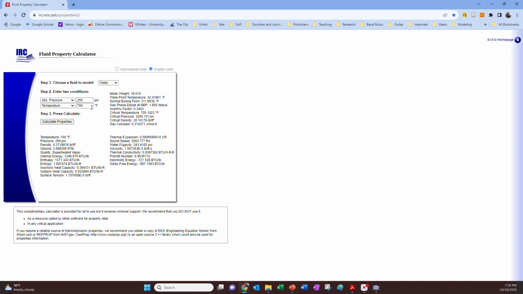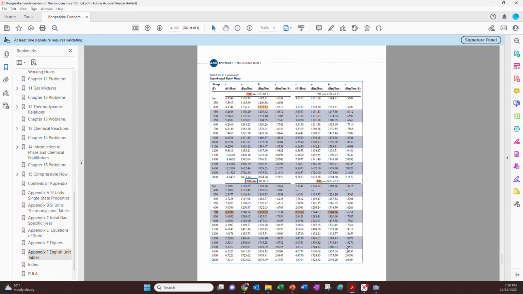I've noticed that there was a big change somewhere in the 90s, like 1997, I think. But anyway, you can go to enthalpy and get 1,371. Is that in the same range? Yeah, right in between there. Sure. Okay.